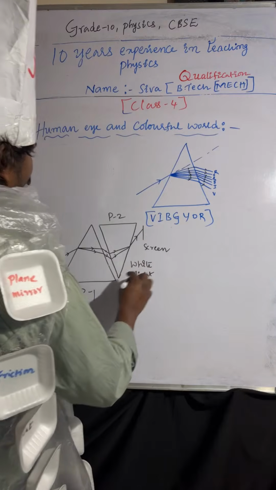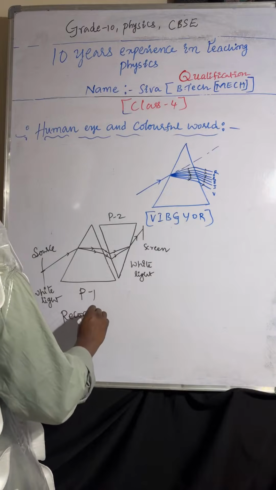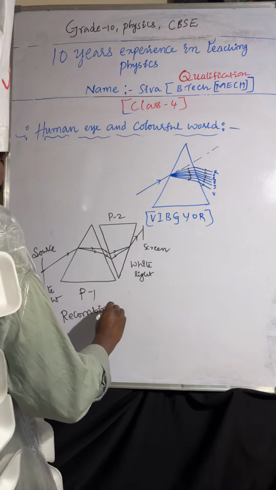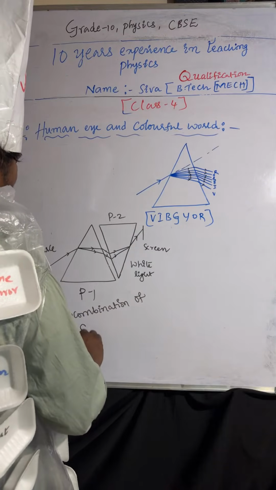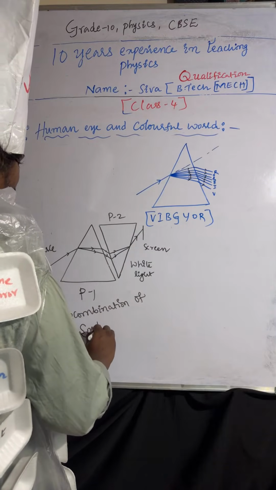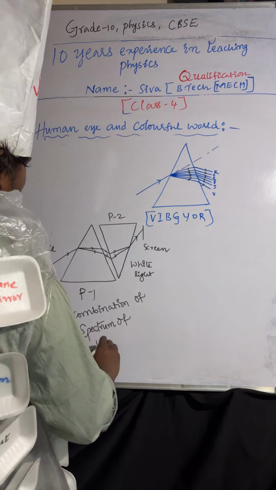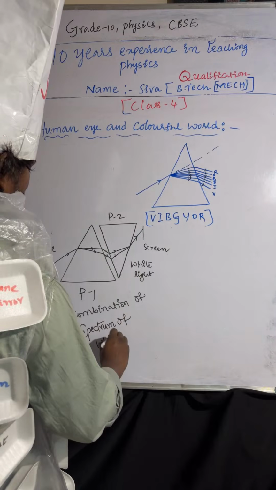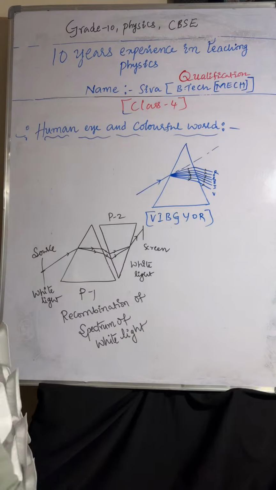So this is the recombination of spectrum of white light. I hope it is very clear.